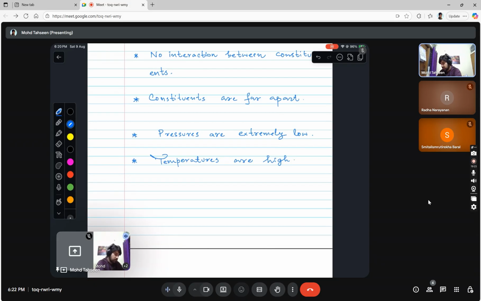Because of the higher temperatures, they also try to expand. So again, the hypothesis becomes better and better as the temperature increases.